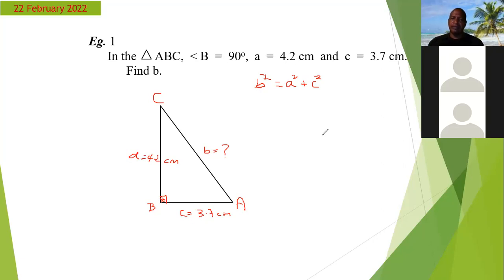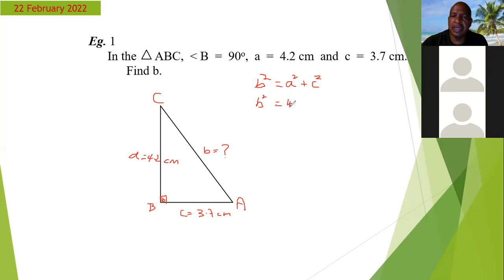So what are the values that we know in terms of the sides? So 4.2 for which side? For the opposite side. All right. So we know that side A is 4.2. So in the formula where we have A squared, we are going to replace the A with the 4.2.